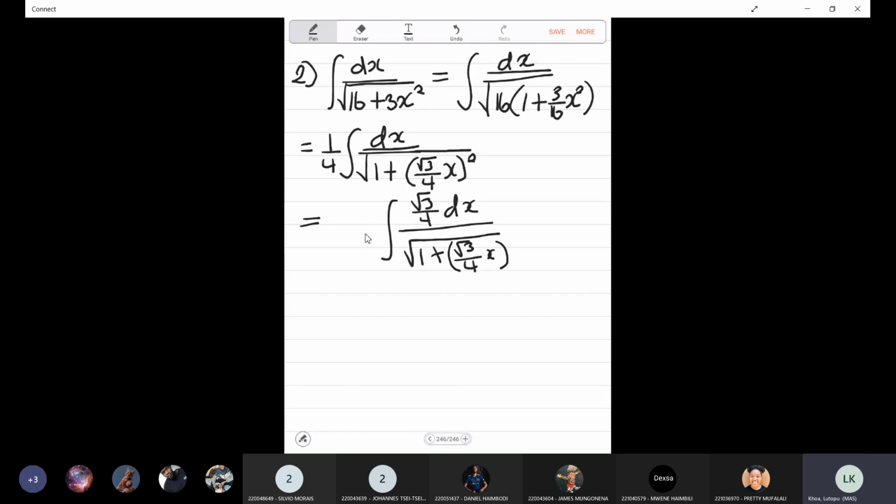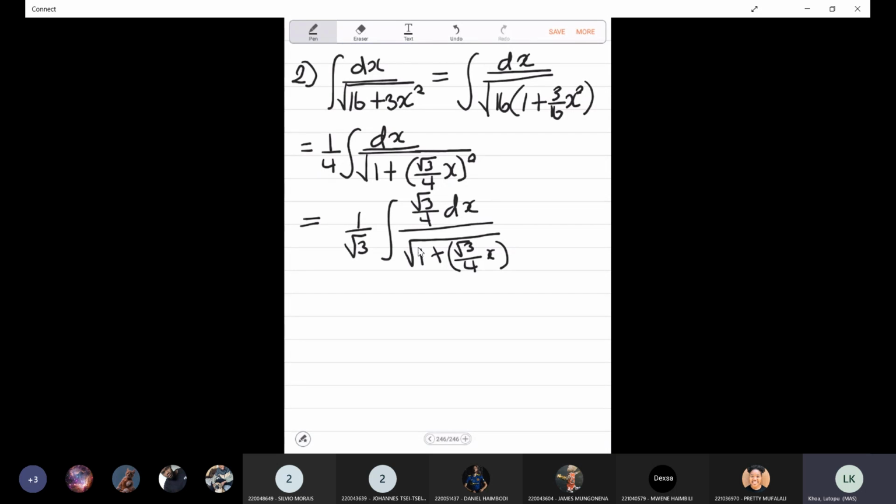Okay, so here I just say 1 over 4 divided by the square root of 3 over 4, which is 1 over the square root of 3. Okay, so again, you can try multiplying 1 over the square root of 3 times square root of 3 over 4, you get 1 over 4, which is the one that was outside.